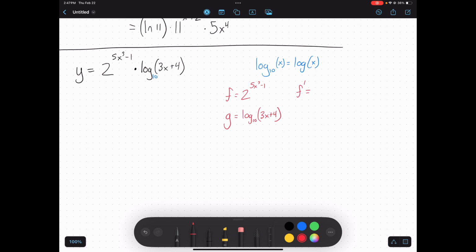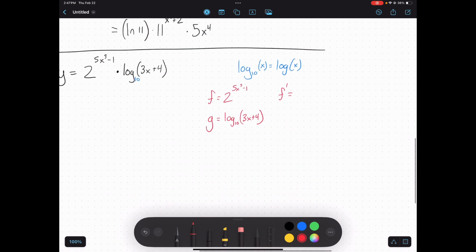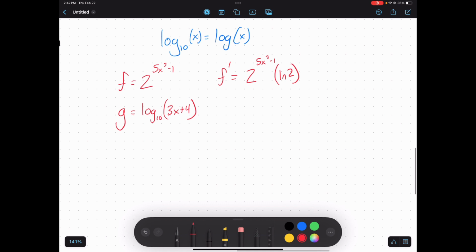Okay, so let's start with my first function. This one's going to look really similar to the one that we just did. The derivative of 2 to the something is, I keep the exact same function but multiply it by natural log of whatever the base is, natural log of 2. But then I need to multiply it by the derivative of the inside function.